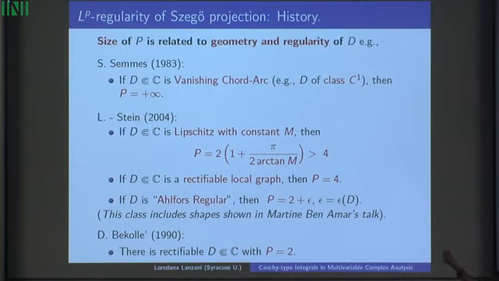If you give me a Lipschitz constant m, and then you give me a P naught value that is outside of that range, I'm going to be able to give you a Lipschitz domain with that Lipschitz constant m, whose Szego projection is not bounded in LP naught for the P naught value outside of the range.